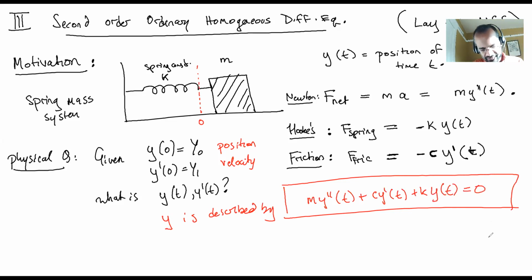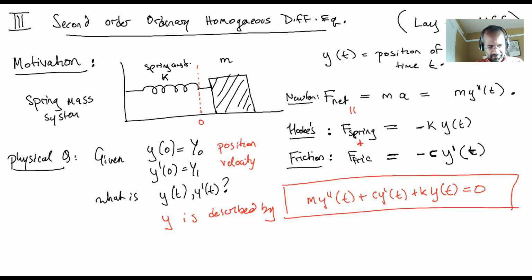I rearranged the terms because F net is equal to F spring plus F friction. So this is the motivation for studying this kind of equation, and this is what we're going to study.